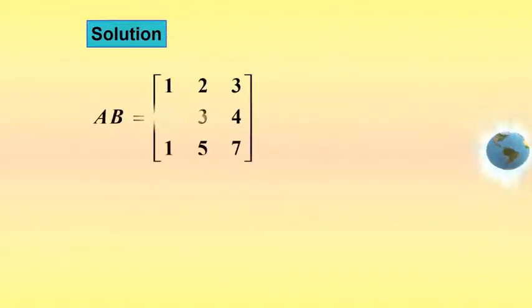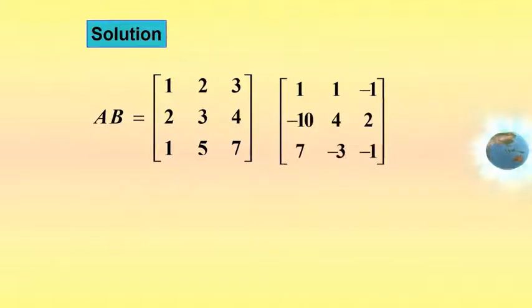Okay, let's see the solutions. This is A times B. By multiplying these two matrices, by multiplying the row with a column, and then for the second entries, first row, second column, third entry with the third column.